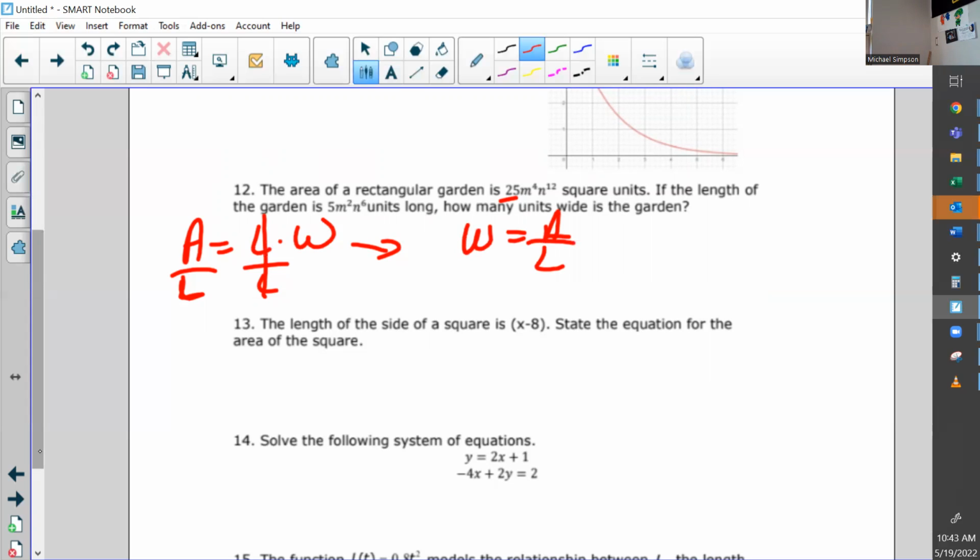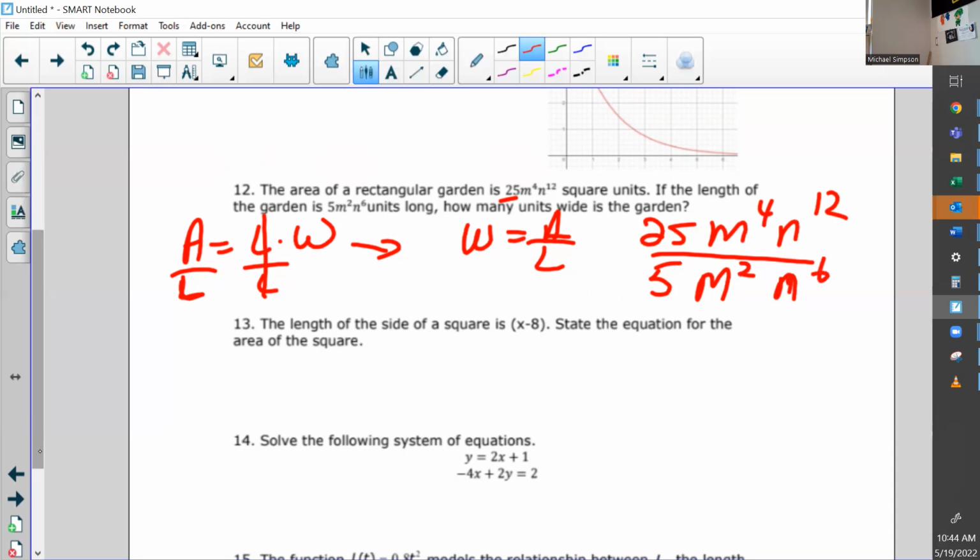So you divide now. The area is 25 m to the 4th n to the 12th, over the length, which is 5m squared n to the 6th.